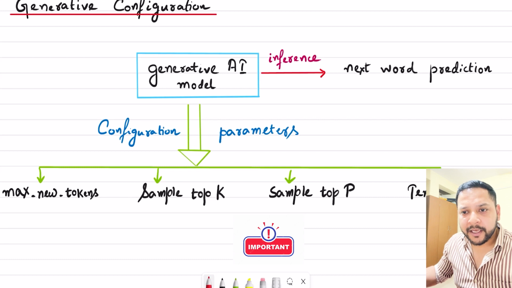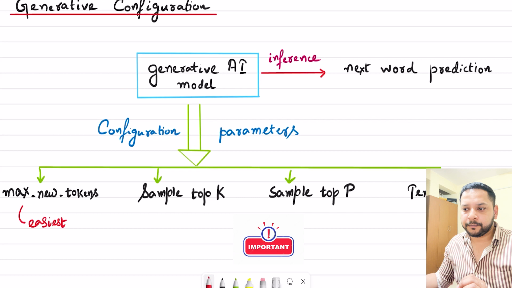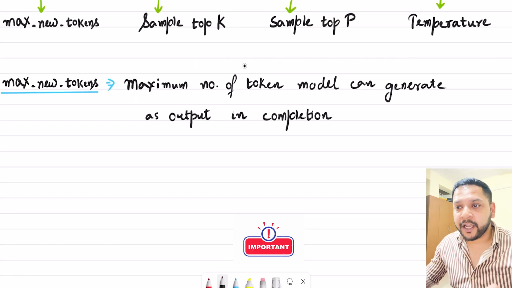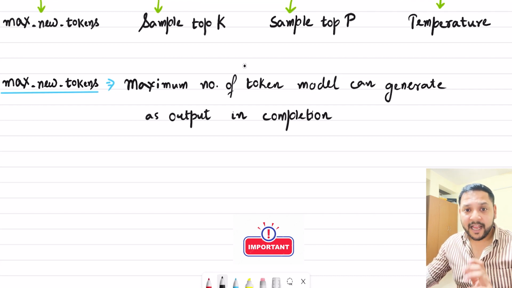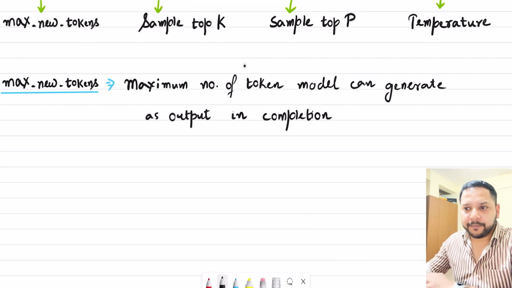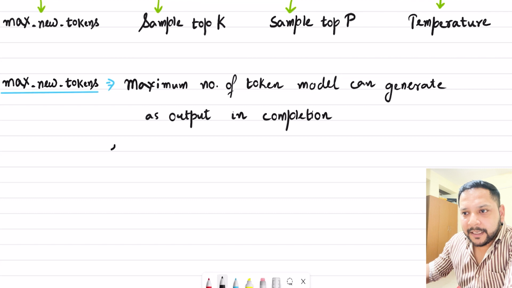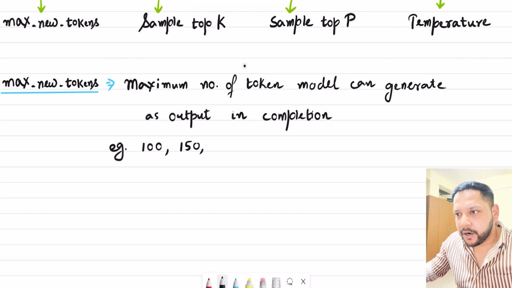Max new tokens is one of the easiest parameters to tune. Maximum new tokens is the maximum number of tokens a model can generate as output in completion. For example, this can be 100, 150, 200.